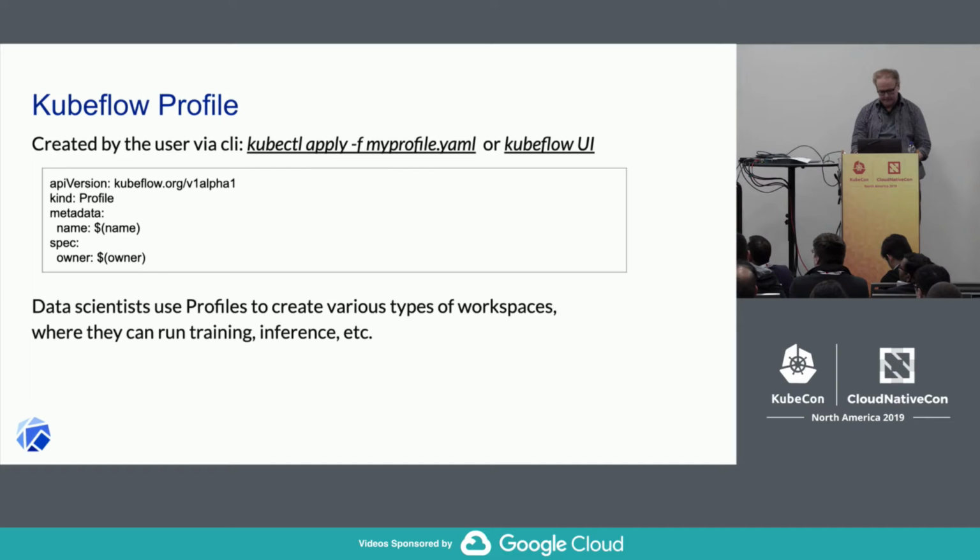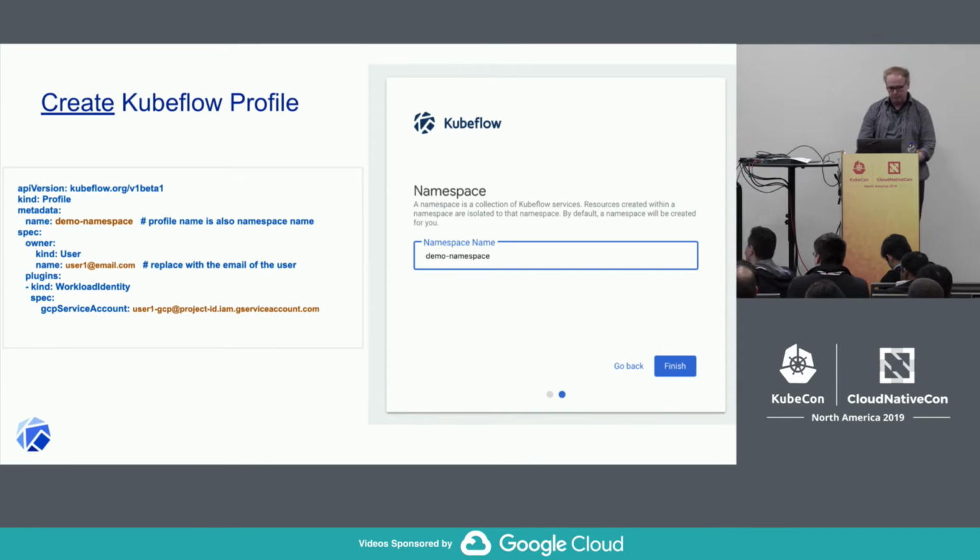And so this facilitates data scientists creating more than one type of workspace where they can run whatever they want, training or inference. And so there are two ways to create a profile.